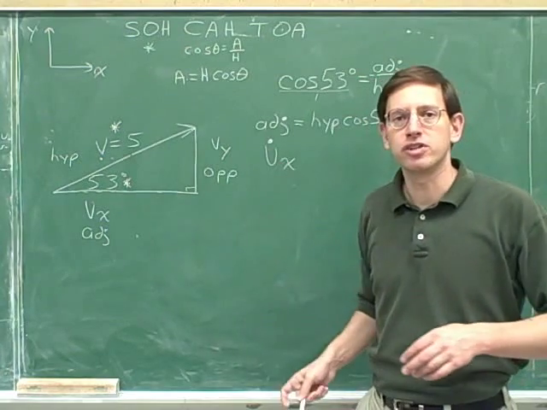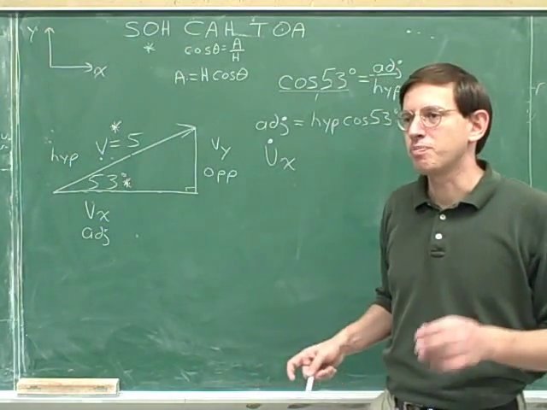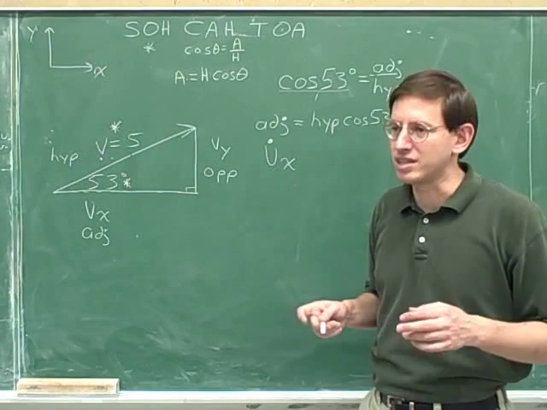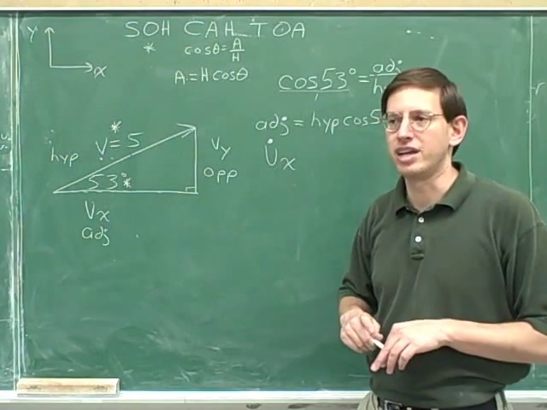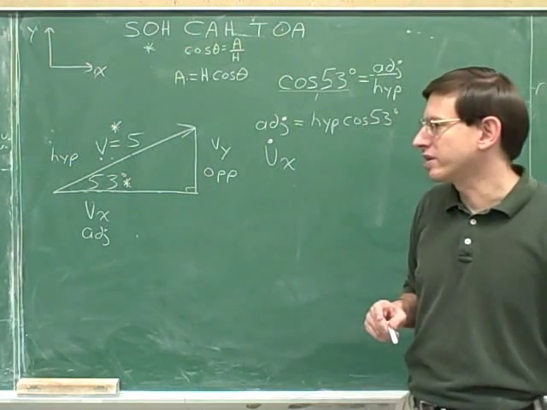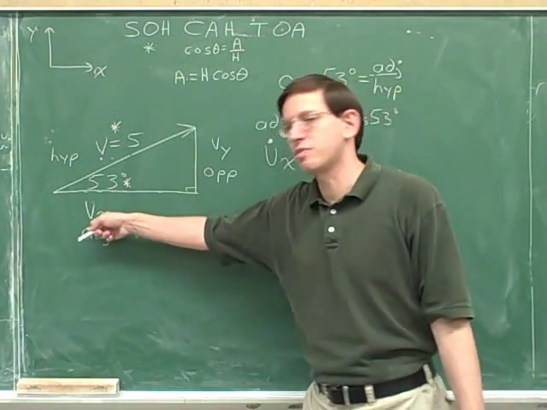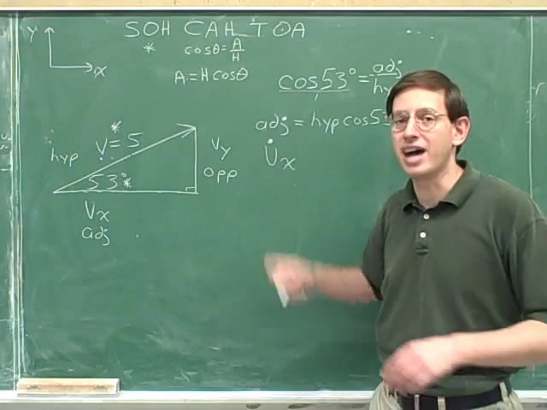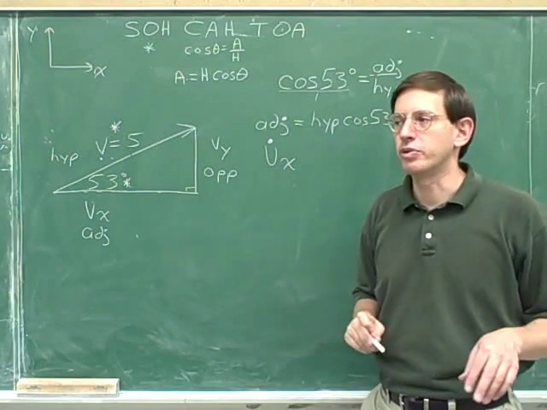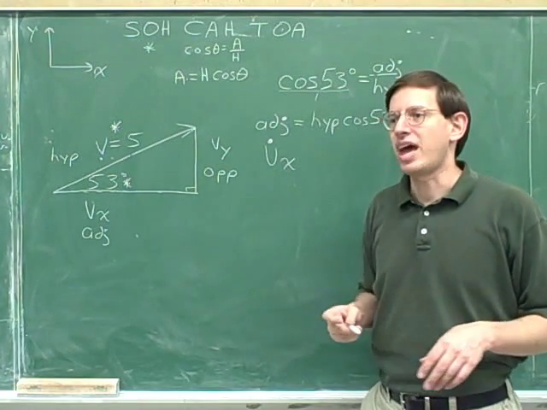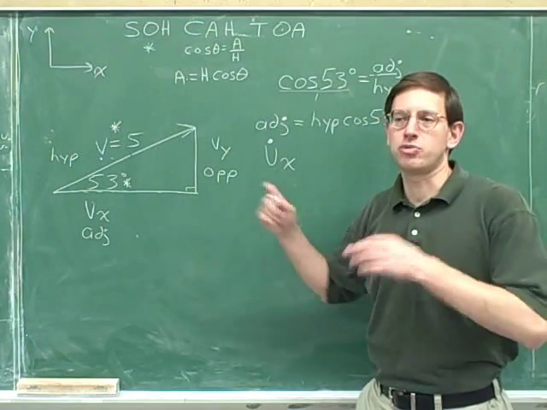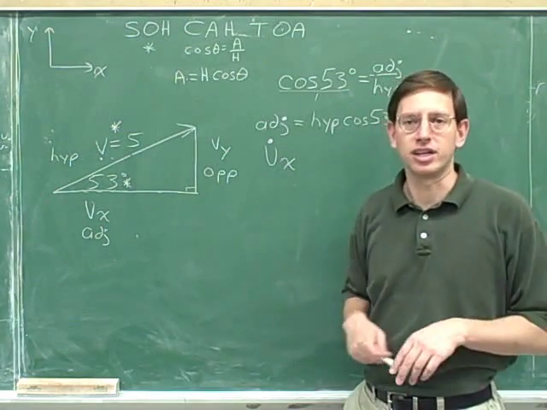I know this might seem like a trivial point right now, but I think that being very careful about the symbols here can really save you a lot of grief later on in the course. So I really am encouraging you to get into the habit of using v sub x when that's appropriate and using v sub x with a dot when that's appropriate. And then we're going to see as you go through the course that that really helps you to get the signs right on problems where a lot of other students are going to get them wrong.